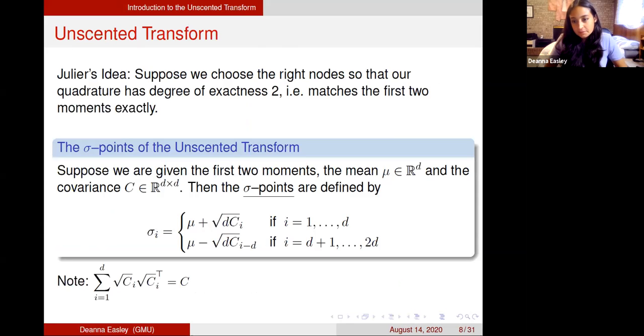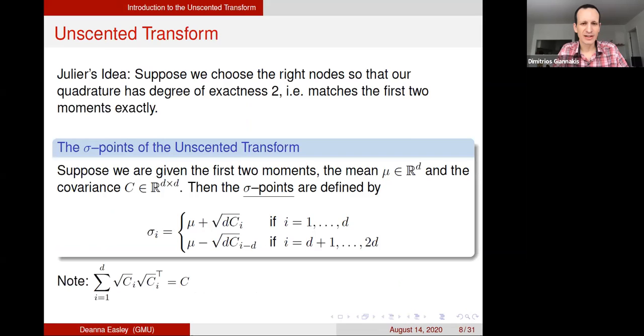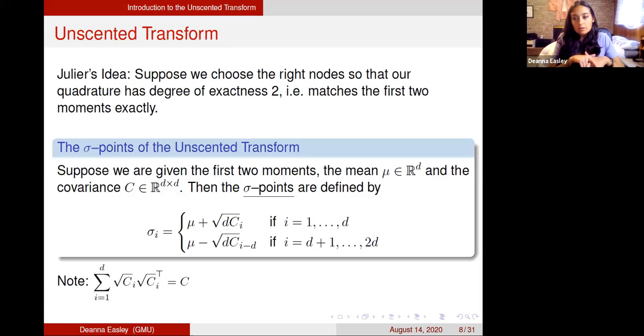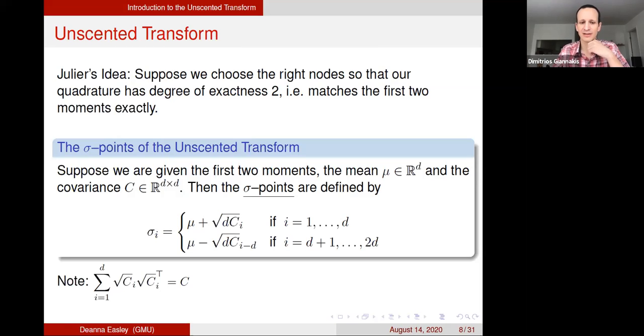Yeah. But if we are in a simulation environment where we have a particle method, or we only know the mean and the covariance approximately, does that introduce issues here, or how do you envision applying this in a setup where maybe you don't know the mean and covariance exactly, you only have approximations of it?